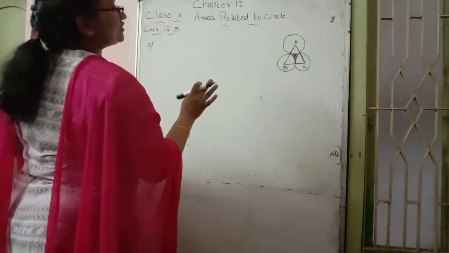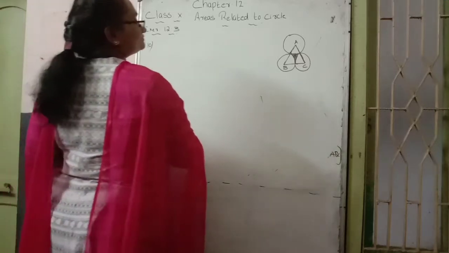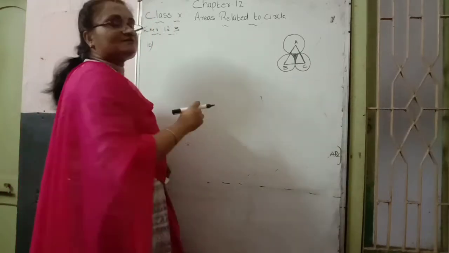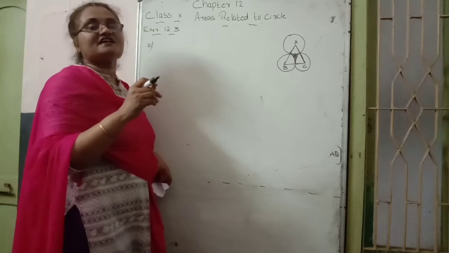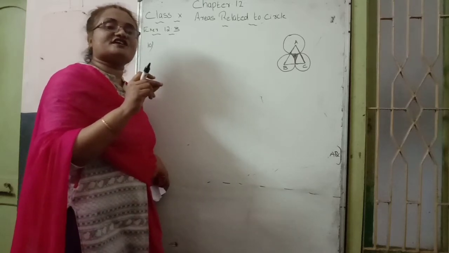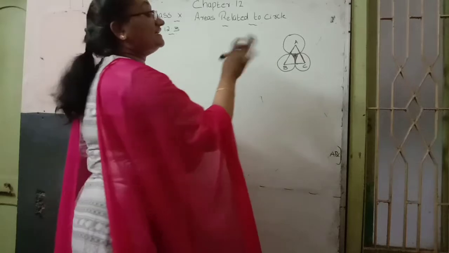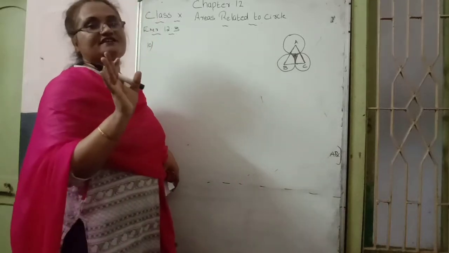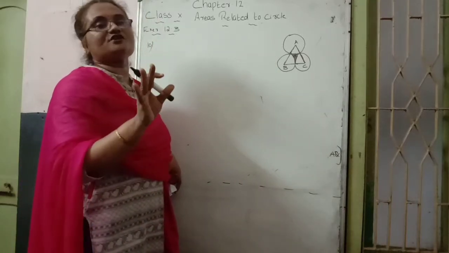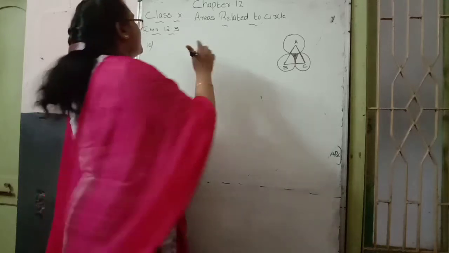Here, what information is given? What is the specialty of an equilateral triangle? Each angle becomes how many degrees? 60 degrees. They have directly given the area of the equilateral triangle. You don't need to find it.